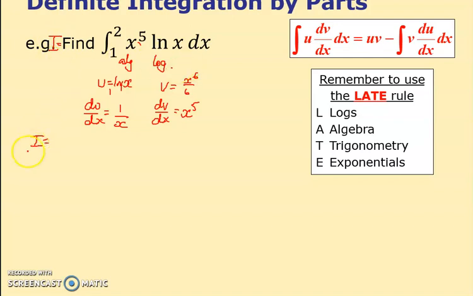That just saves you having to write it all out. Sometimes it's quite painful writing it all out. So it becomes uv again. So it's x to the 6 over 6, we tend to write that first, log x, minus the integral of v du by dx. That's what the formula says.